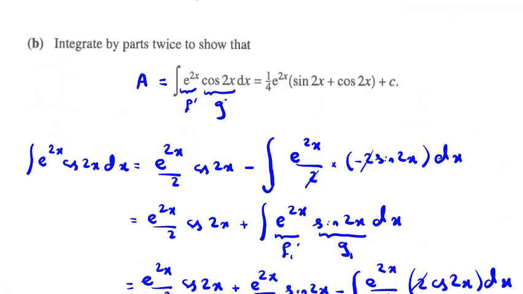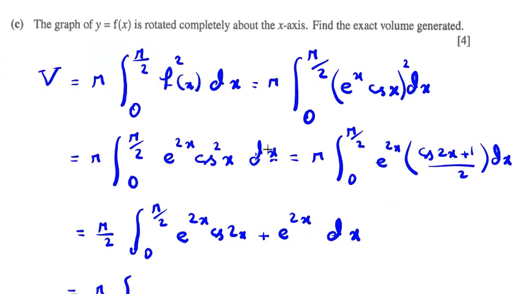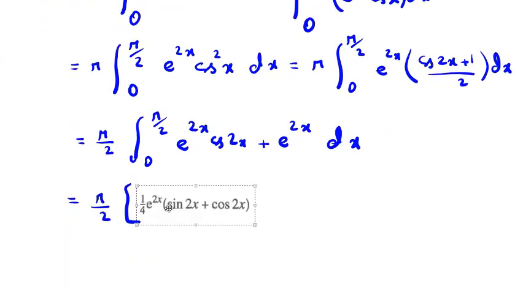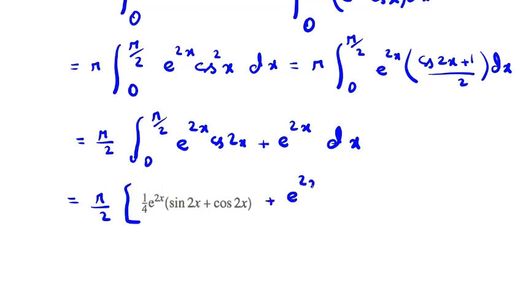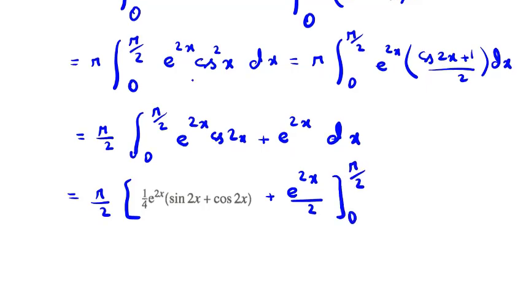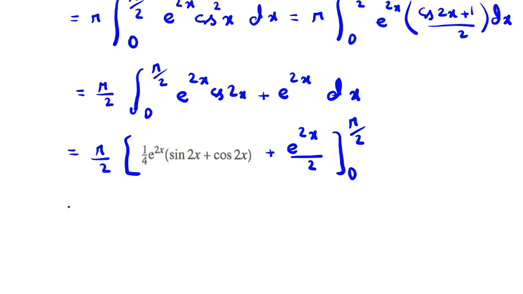We know the integral of e^(2x) cos 2x is 1 over 4. Let me copy this part and paste it here. It is this, and this one will be e^(2x) over 2, where x is from 0 to pi over 2. Now we can say, okay, it's pi over 2, the first one, from 0 to pi over 2.